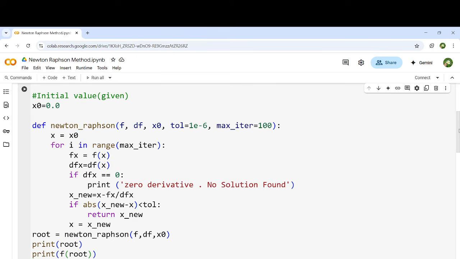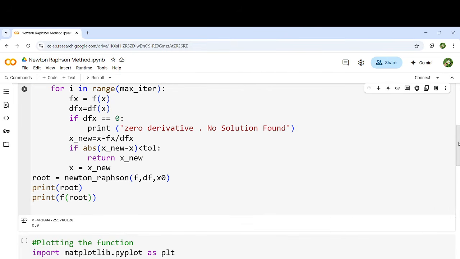I have previously said that dfx should not be equal to 0. Okay, so the new x is equal to x minus fx divided by dfx, which is the Newton-Raphson method formula itself. If the absolute value of the difference of x new minus x previous is less than tolerance, then return x new, and otherwise I have set x equal to x new.